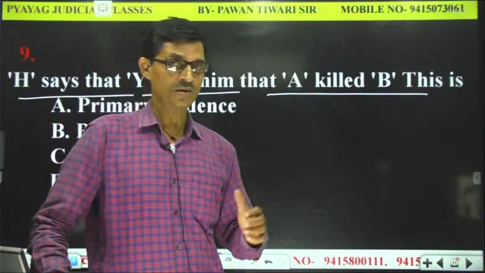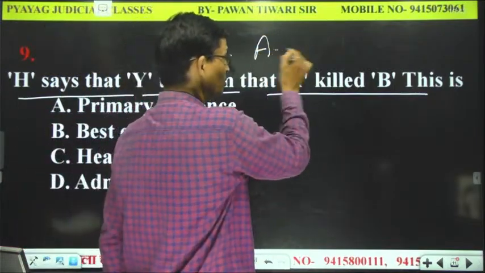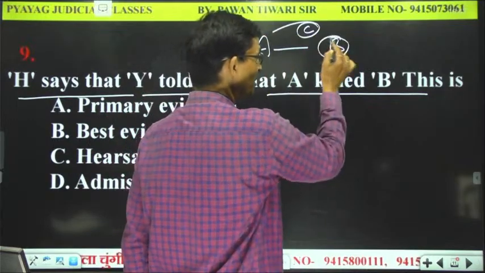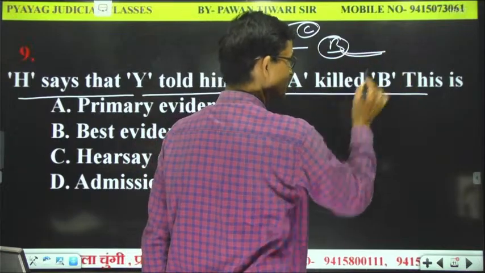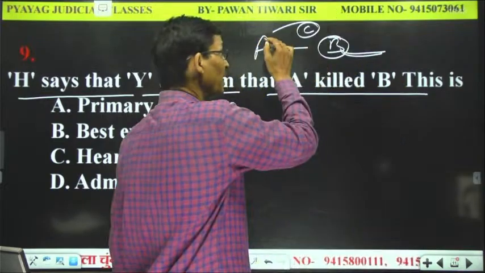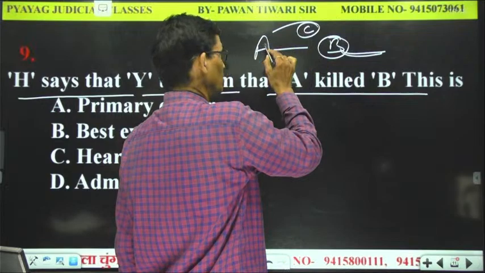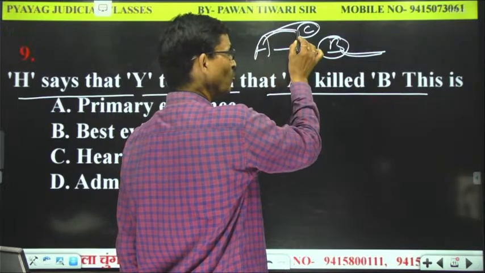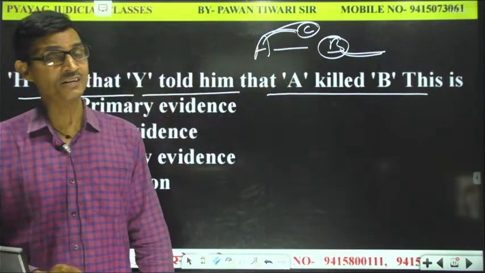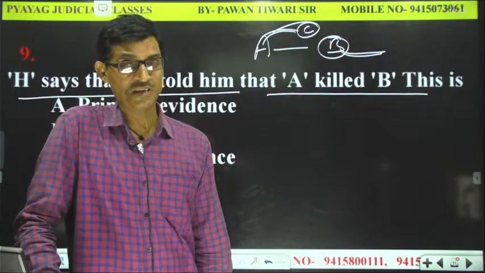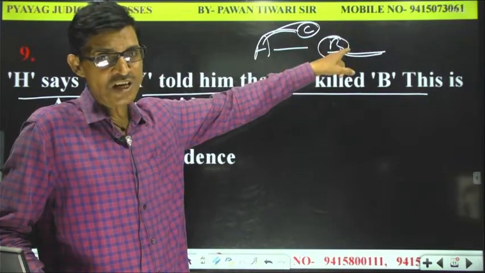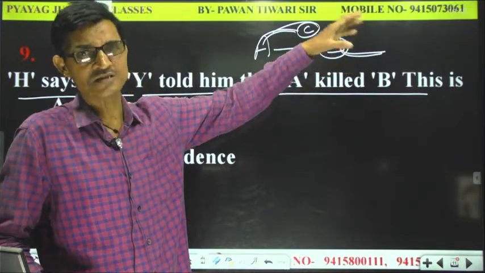If A says to B about C and B produces evidence about C, this is hearsay evidence. And if A produces the evidence in the court, such evidence is not regarded as hearsay evidence. It is direct evidence.